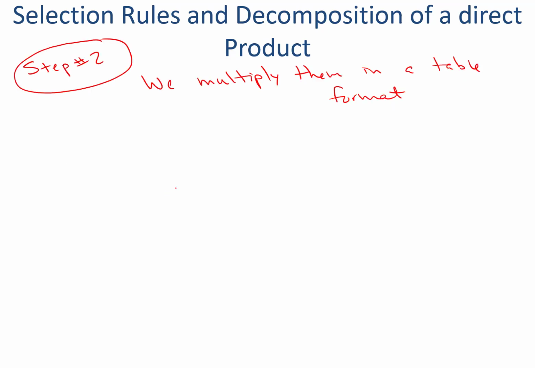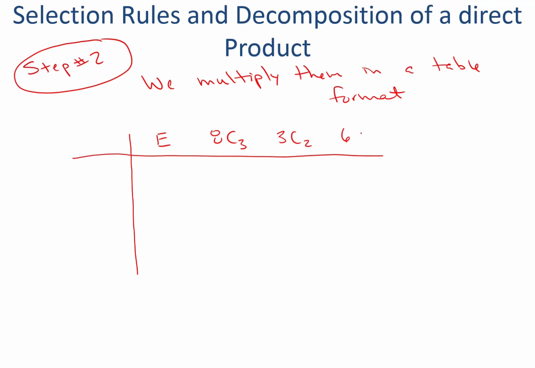Okay, then in step number 2, we're going to take that component of our Td and set up our table. And we've got 3 functions. We're going to multiply them. Again, we've got our classes that are up top. And for each one of those functions, F1, F2, and F3, which could be our px, z, and py components, of course, we're saying that they're all matching.